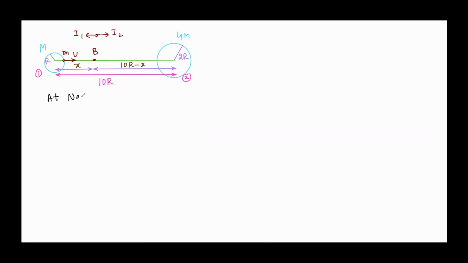So you can say that at the neutral point, the intensity of planet 1 is equal to the intensity of planet 2. What is the mass of the planet? M. The distance from the center is x, so GM by x square. What is the mass of this planet? 4m. So G into 4m.